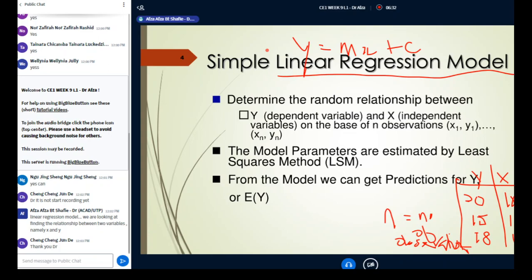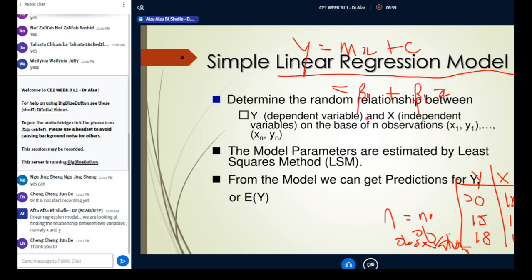So in this case, what we do is we put it in the form of beta naught plus beta 1 x. So this is your constant, this is the gradient. What we're trying to do is define what beta naught and beta 1 are. So how do we get beta naught? How do we get beta 1?